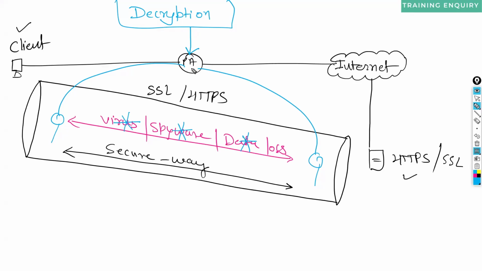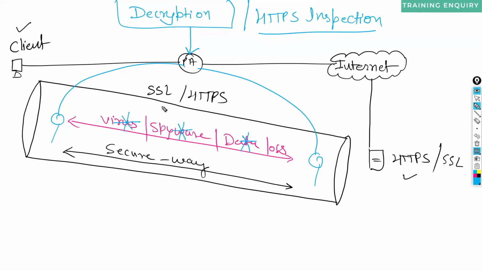This feature is available only on next generation firewall. Palo Alto firewall is a next generation firewall which has the capability of decryption. This decryption is also known as HTTPS inspection.